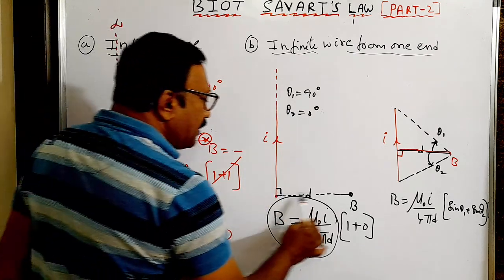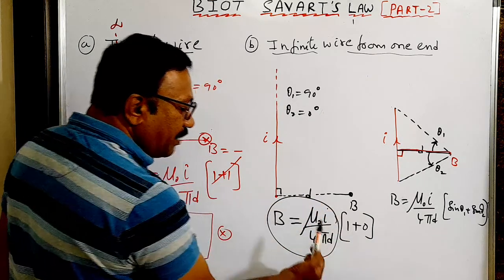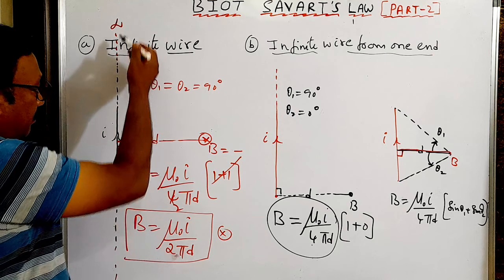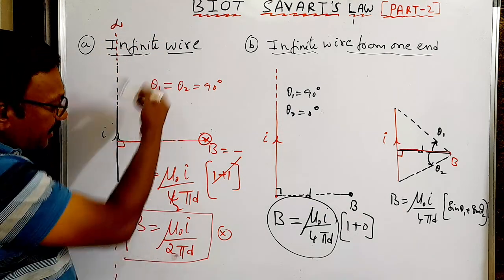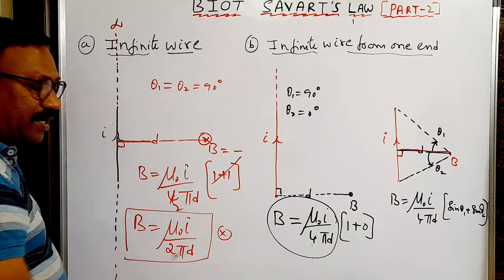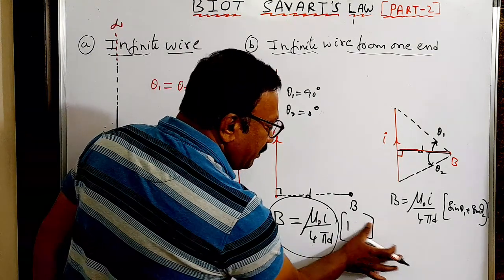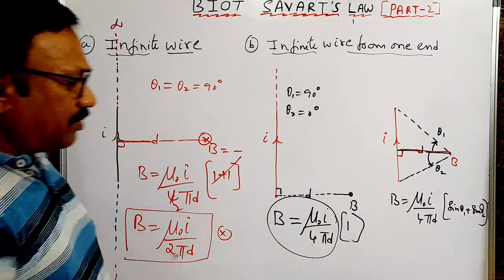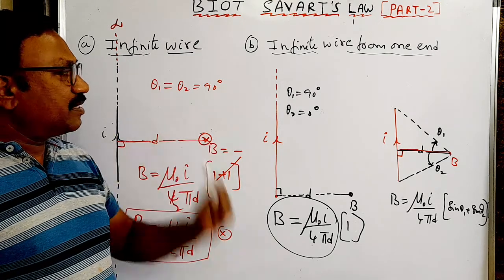Anyhow, at a perpendicular distance d from one end of the wire, this is the magnetic field, and the magnetic field due to an infinitely long wire, infinity on both ends, is this. Okay, this is 1 plus 0 is 1. 1 into something is the same. So don't confuse there, okay? So two cases we did. So take down this.